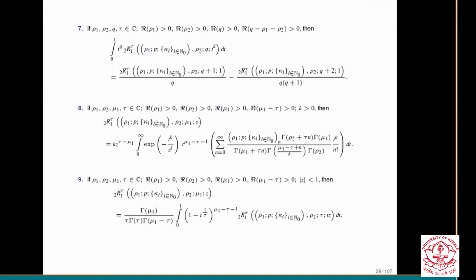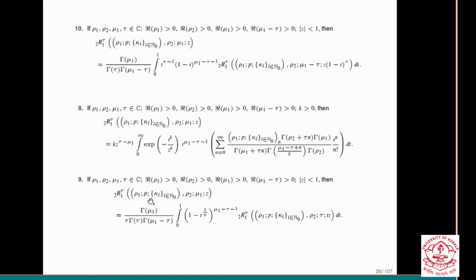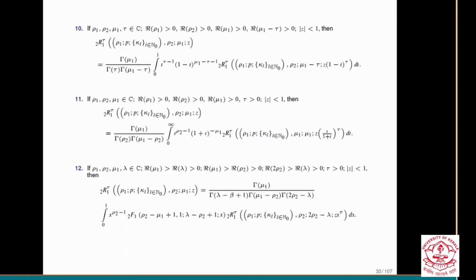So till now these are the 9. Again we obtain the 10th property, which is this, then the 11th one, and this is your 12th one.